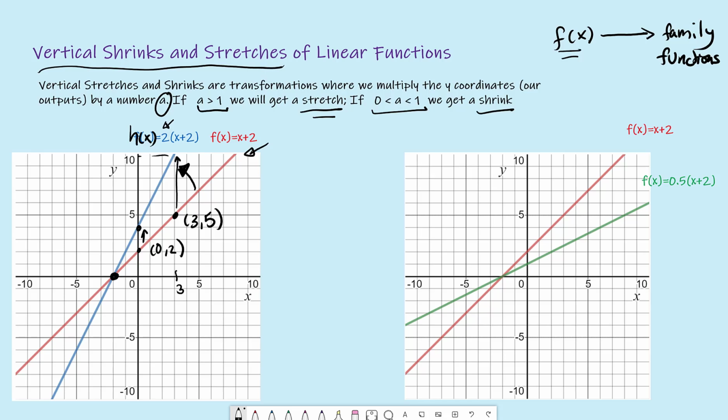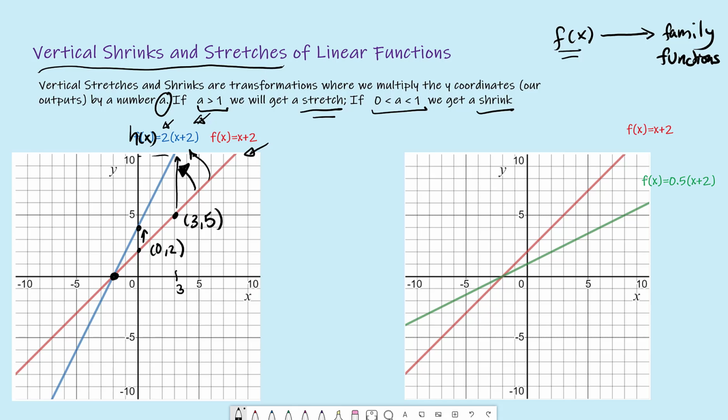So when we had horizontal shrinks and stretches, we were looking at these spins that were about the y-intercept. Here, we're looking at spins that are around the x-intercept. So again, when we use an a that is larger than 1, like this case, we call it a stretch because basically we're stretching the graph up the y-axis, vertically upwards.